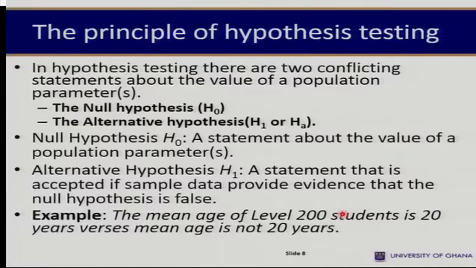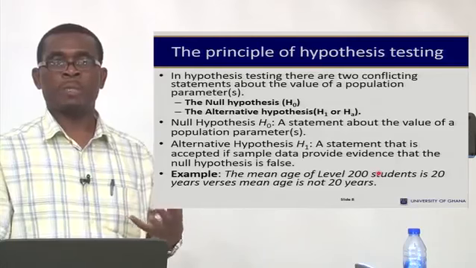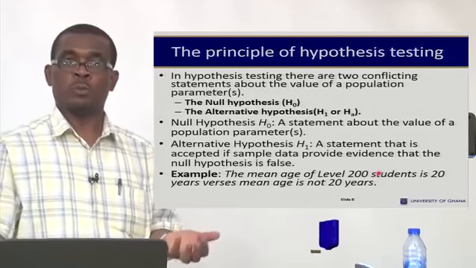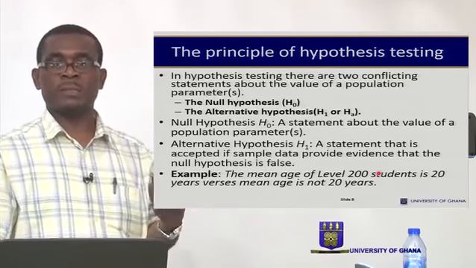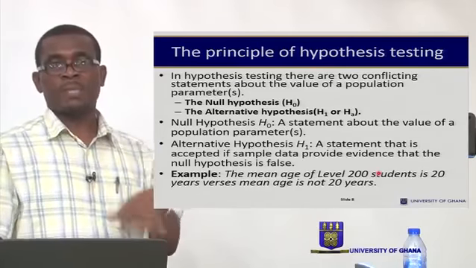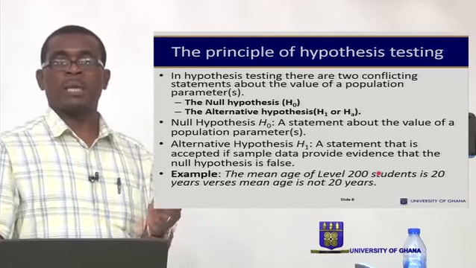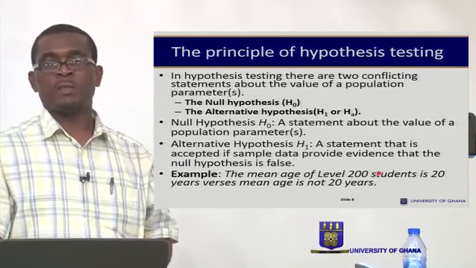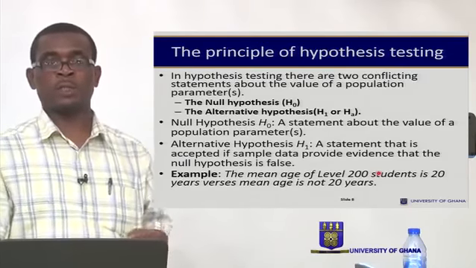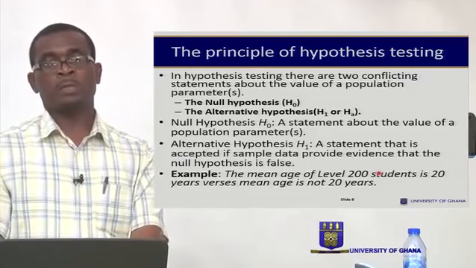The first is called the null hypothesis, denoted H0, and the second is the alternative hypothesis, denoted H1 or HA. The null hypothesis is a statement about the value of the population parameter which we believe to be true, but the alternative is the claim that is accepted if sample evidence shows otherwise, okay, shows that the null hypothesis is untrue.